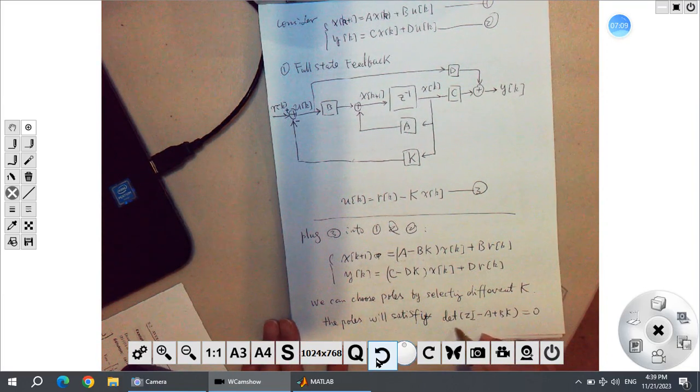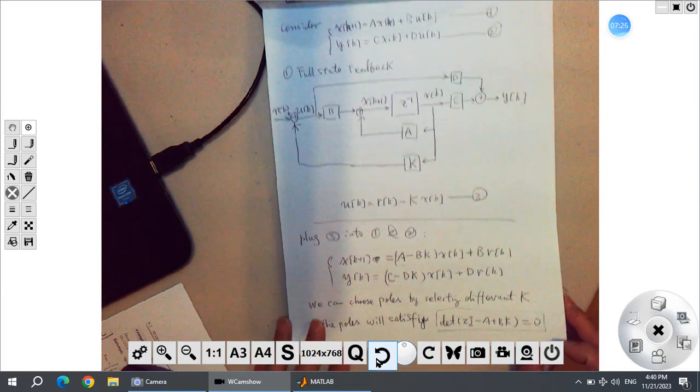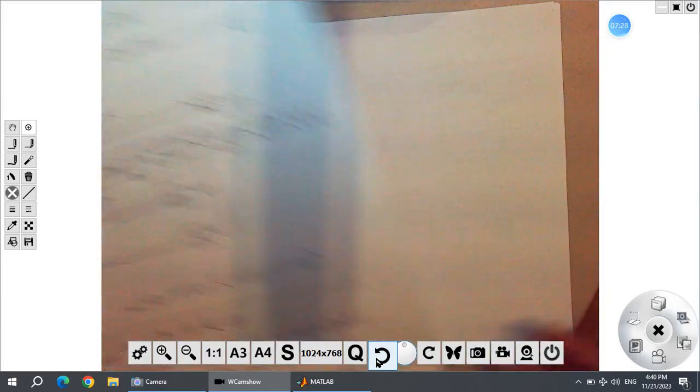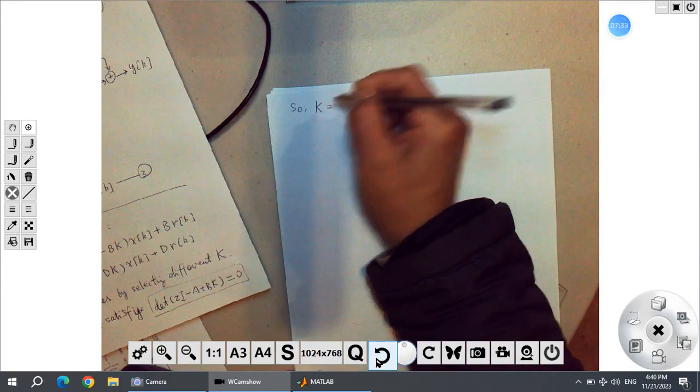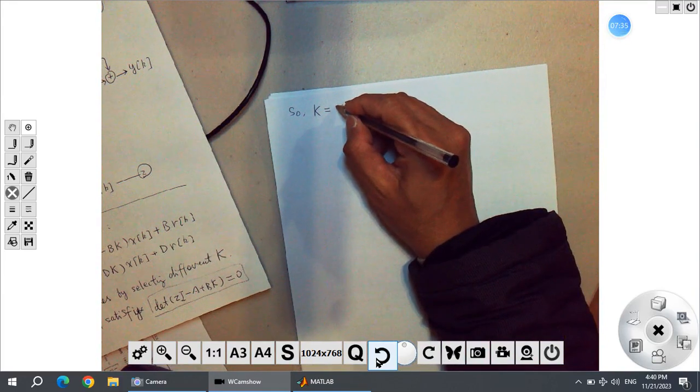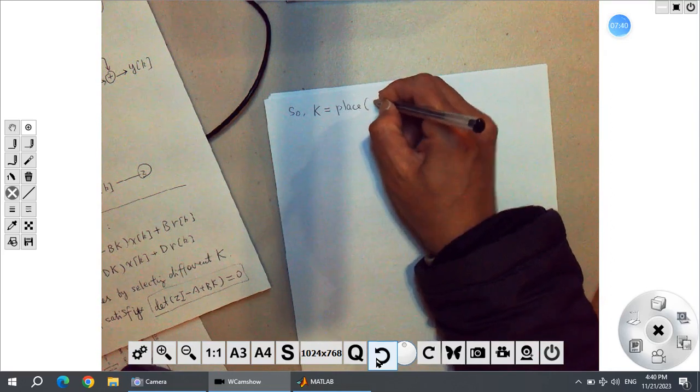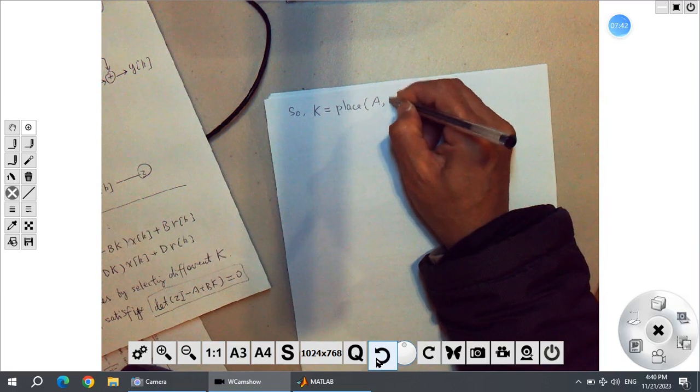The poles will satisfy this. If you know the poles you want, you select some poles, then you know the roots of this one, and you need to select a K. You know how to do it, right? This is what we did for the continuous time case. So K would be given by the place function with A, B, and the pole list.